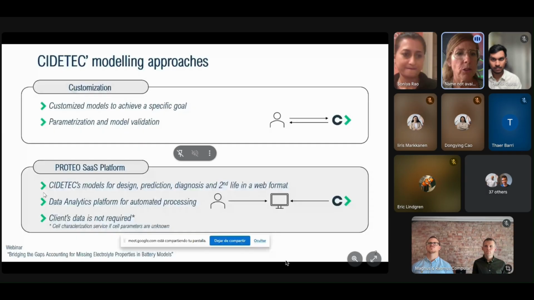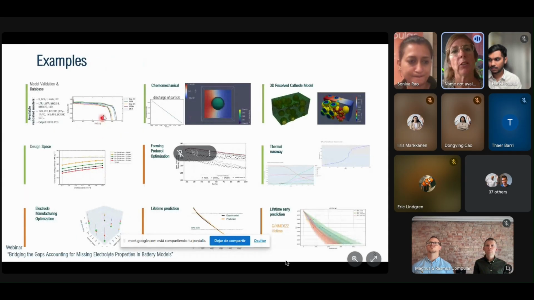Just an example is that we've been working a lot in the continuous scale, where we can capture voltage profiles depending on certain properties of the electrodes, but you are homogenizing properties there, and then it's quite important also to include information from the electrolyte, but then we have also gone into a deeper understanding of the multi-scale approach, where we have also developed mesoscale modeling, where we can capture microstructure and particle level modeling.